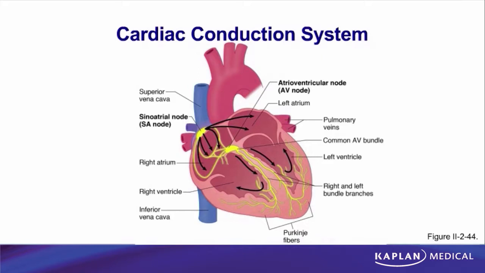One may like to contract at, let's say, 38 times a minute, another one may like to contract at 41 times a minute, another one might be at 42 times a minute, another one might be at 39 times a minute, and so on and so forth. So they're individual cells with their own individual rate of contraction, but they're all spontaneously contracting, not necessarily all at the same rate. However, since they are all communicating electrically with one another, that does mean that whenever one of them depolarizes, the others will depolarize.